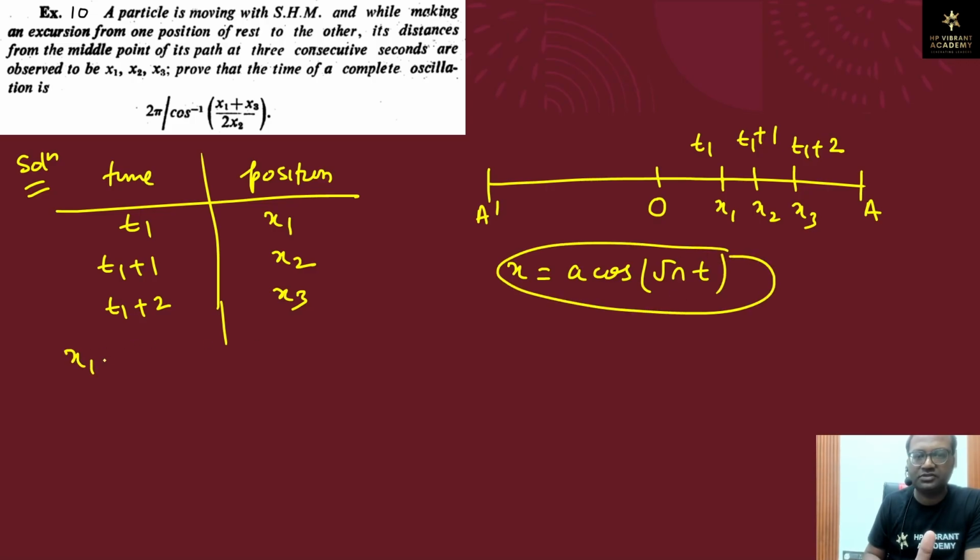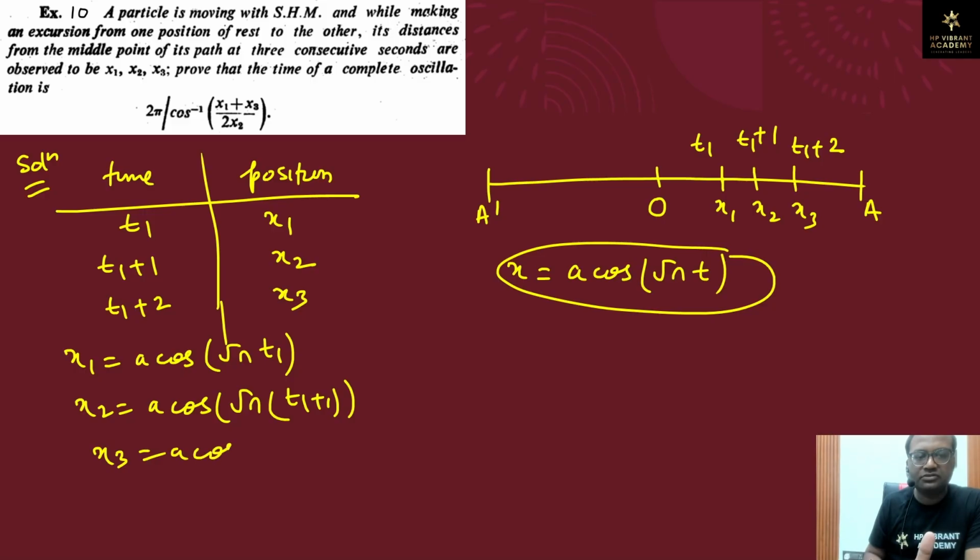So we have x1 is equal to a cos of root under mu into t1. x2 is equal to a cos of root under mu into t1 plus 1. x3 is equal to a cos of root under mu into t1 plus 2. So let us find x1 plus x3.